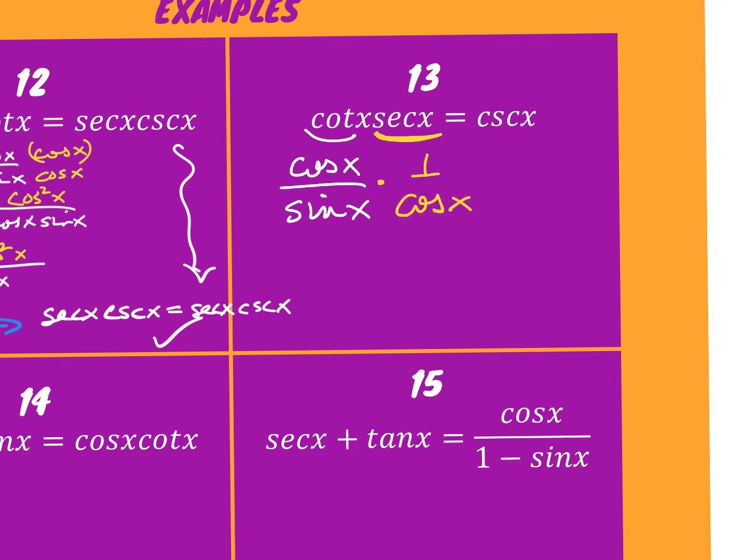The cosine x's will cancel diagonally. Now I'm left with 1 over sine x, which, using the reciprocal identity, turns into cosecant, which is what I was trying to make it equal. Pretty good?